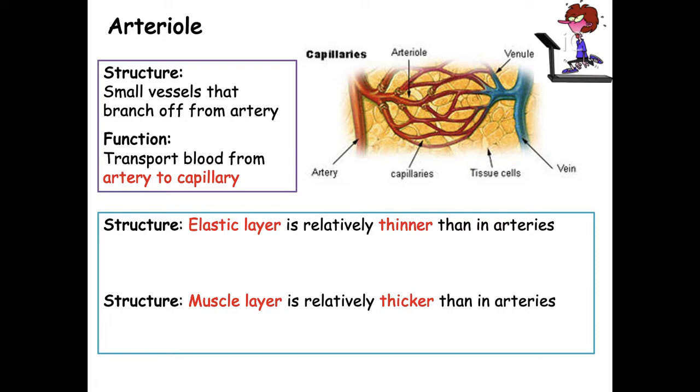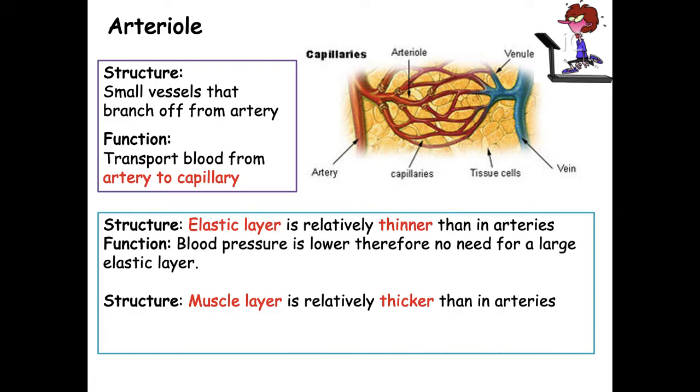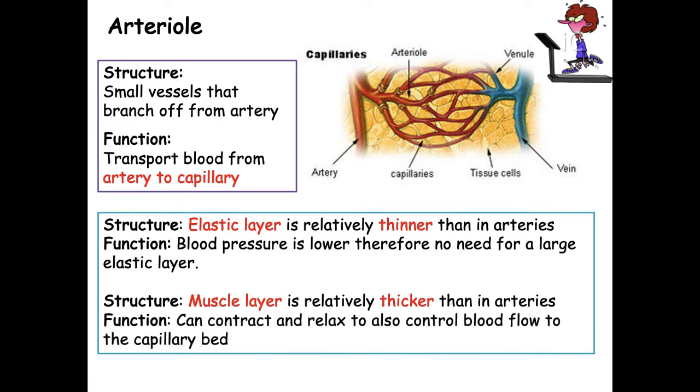When you looked at thermoregulation, vasoconstriction and vasodilation, that's the arterioles constricting or dilating to increase blood flow to the capillaries closer to the surface of the skin, or actually to decrease it when you're cold. The elastic layer is a bit thinner because the blood pressure is not as high.